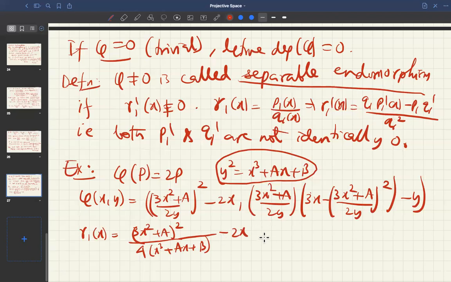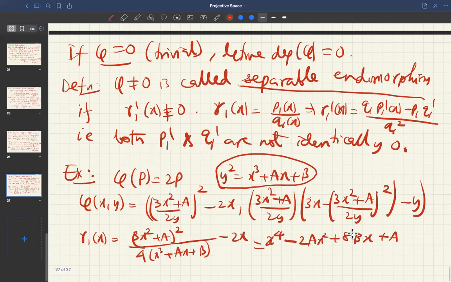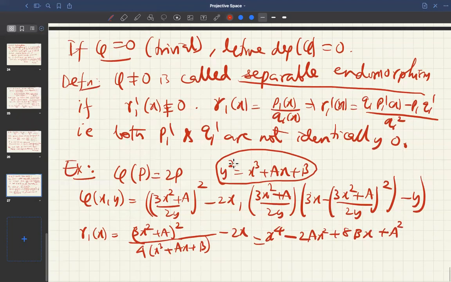So if you rewrite this, you get x power 4 minus 2ax square plus 8bx plus a square, divided by 4 times x cube plus ax plus b.